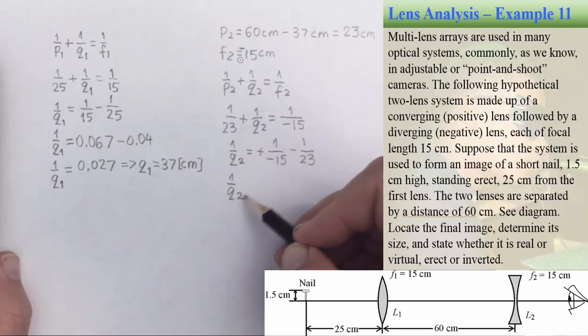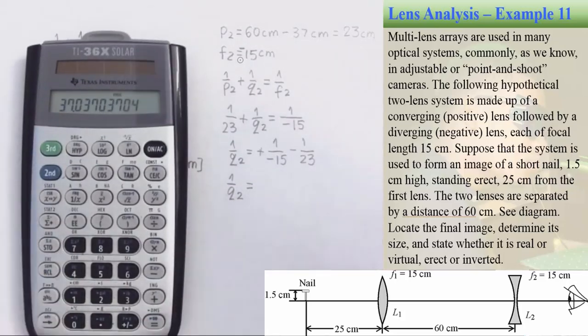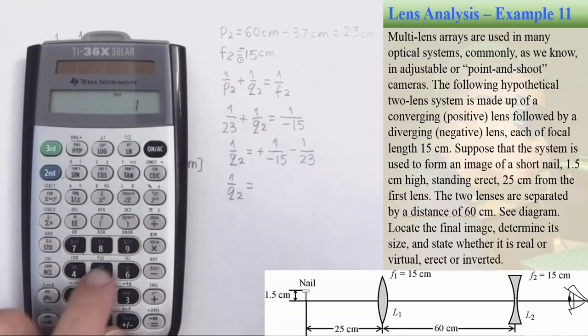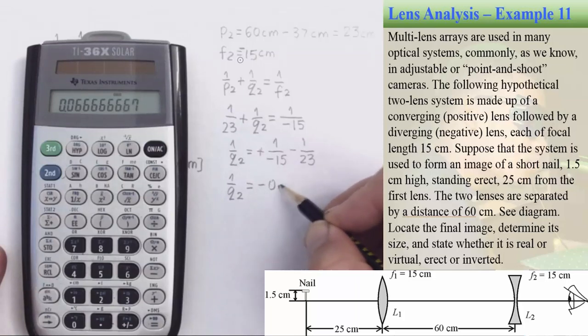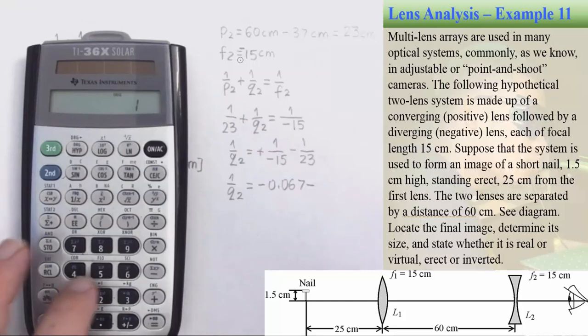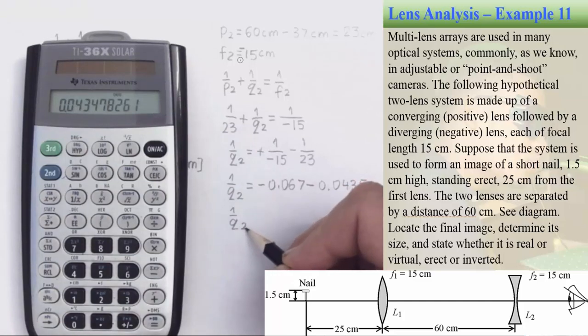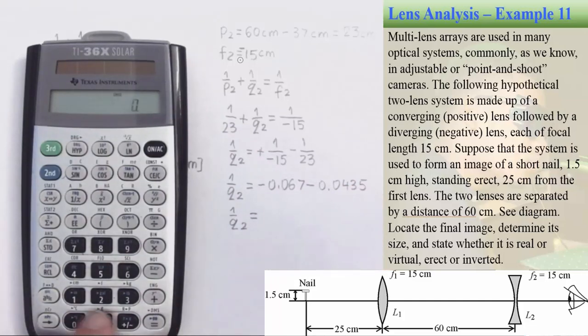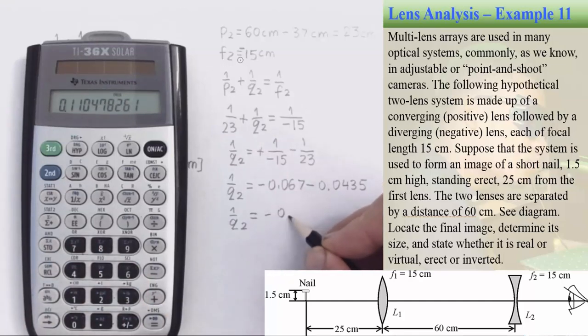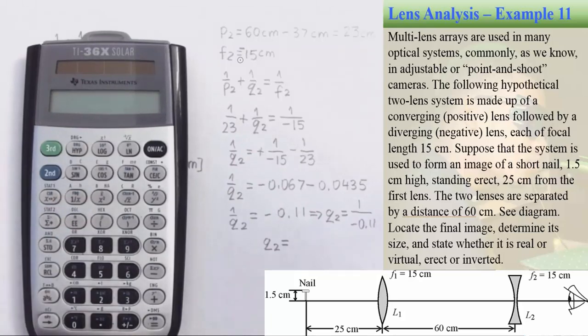So 1 over Q2 is going to be equal to 1 over 15 is, in our case, minus 0.067, minus 1 over 23 is 0.0435, or 1 over Q2 is equal to minus 0.11, which gives for Q2 the value of 1 over negative 0.11, or Q2 is going to be equal to about negative 9 centimeters.